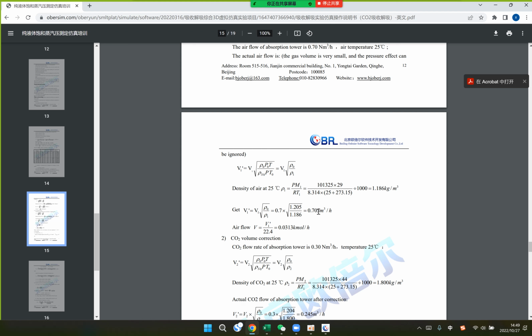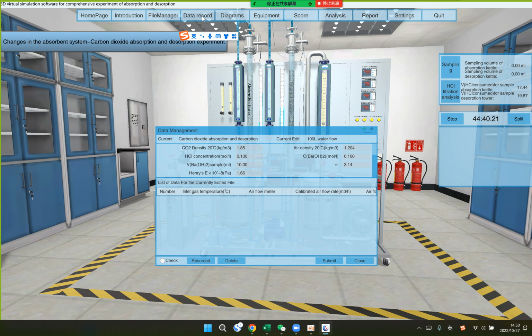The real air flow rate is in moles per hour. So here in the data recording, the inlet temperature, air flow rate, and so on are recorded.